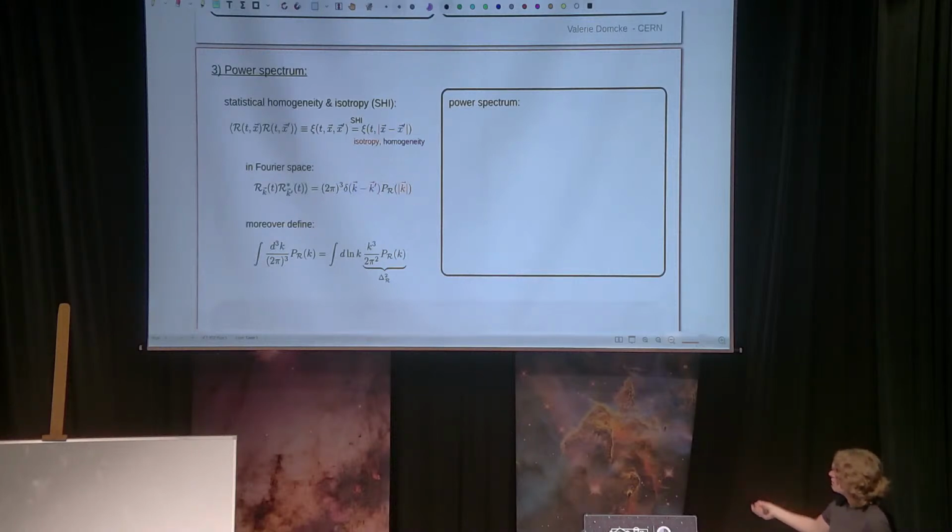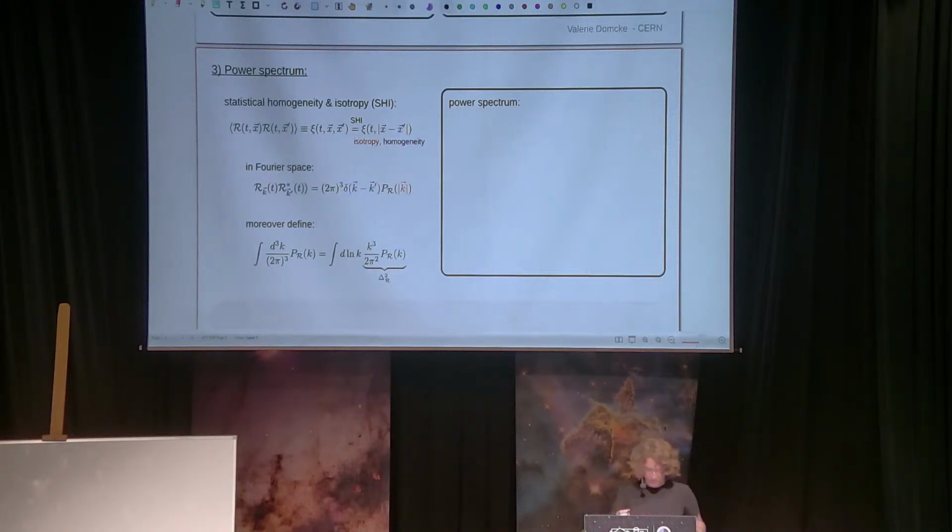In practical terms, one is often interested in doing a momentum integral over this, and then one is interested in the integrand, which typically comes with this k cubed over 2 pi squared prefactor. So very often, instead of this power spectrum, one calls this the power spectrum. If you look at 3 different papers, they will use 4 different notations. So this is the quantity we will actually be computing now.